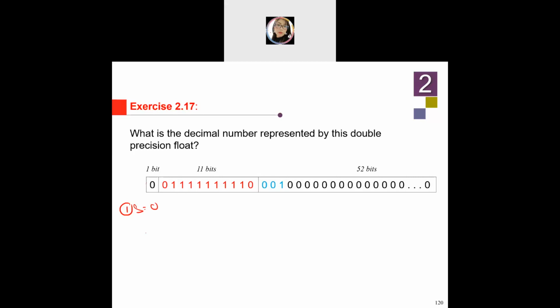Isn't it? So for second, we have the value of our base exponent here. What is the value in decimal? Nur Suhaida, convert this to decimal.